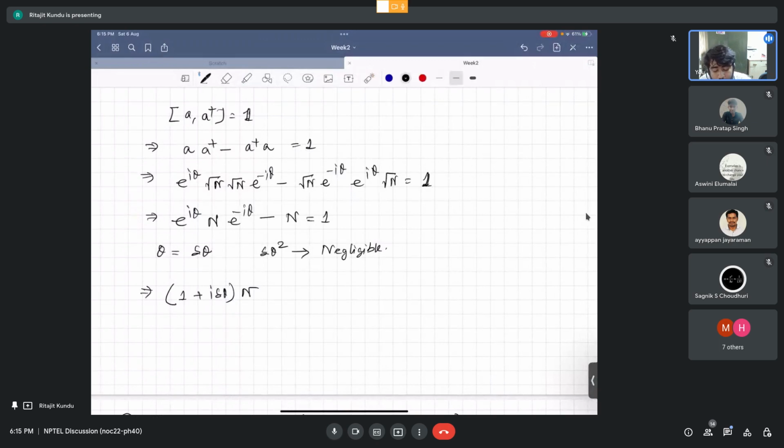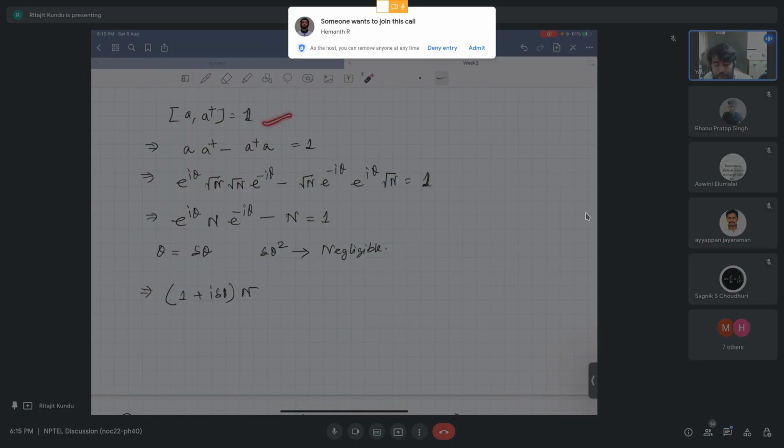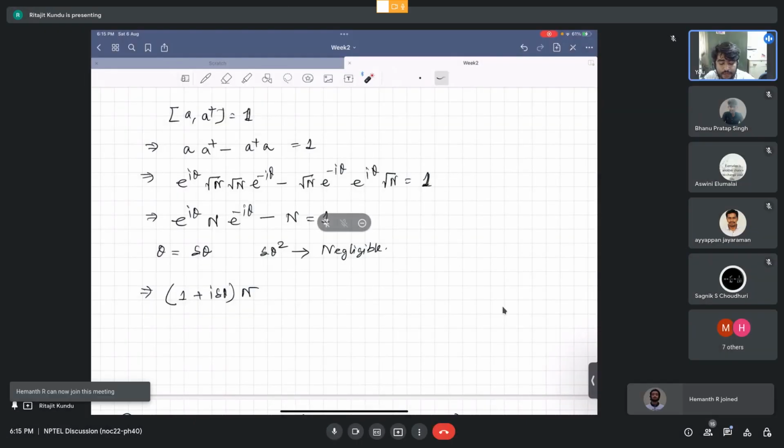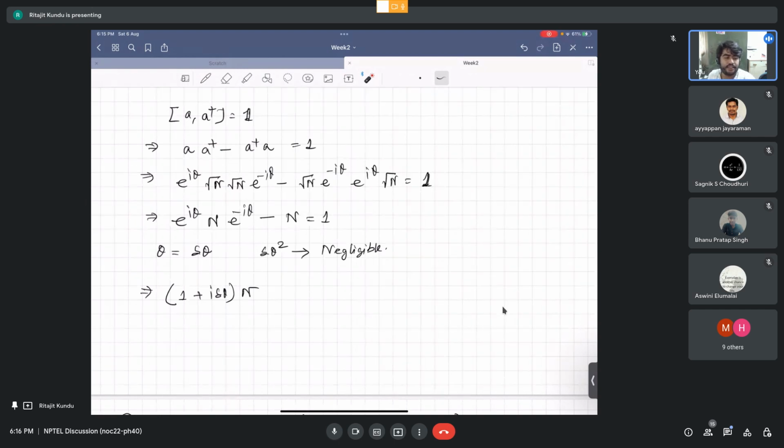So now I am just using these relations which are given in the question, substituting them in this expression and solving, and I have found up to this point. Now I am assuming a very small theta, so that delta theta squared is negligible. It is very small, and we can just ignore it.